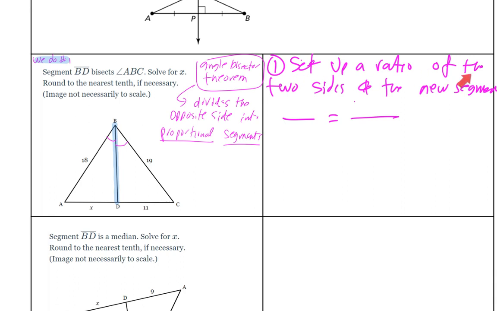We said we're going to set up a ratio of the two sides. So let's look over here. I have 18 on this one. If we look at it, this makes two different triangles. It makes this triangle right over here, and it makes this triangle right over here. So for these two sides, I'm going to put 18 here since that's on my left side, and I'm going to put 19 over here since it's on my right side. So I'm going to look at those numbers, 18 and 19. Now I'm going to concentrate on these two numbers right over here.